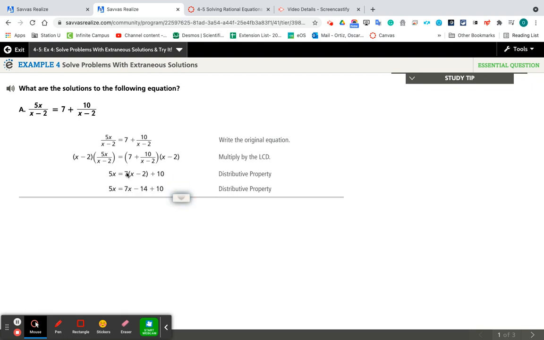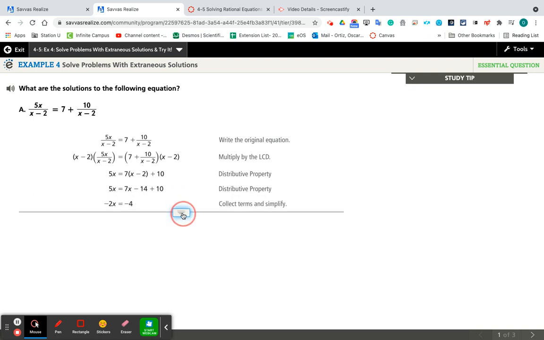Then with the distributive property, 7 times x, 7x, 7 times 2, 14. Then we combine similar terms. So negative 14 plus 10 is negative 4 on the right hand side.